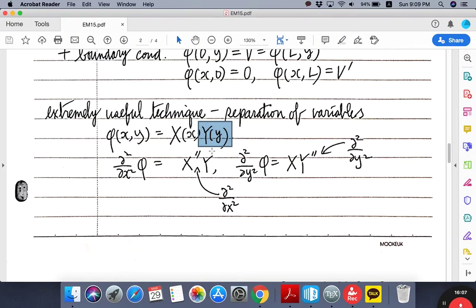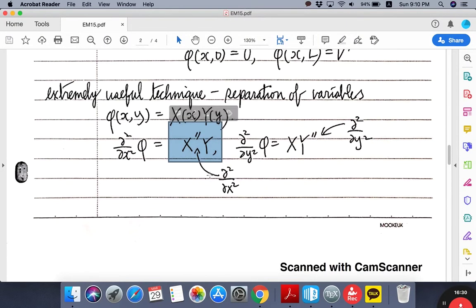Now, the implication of this Ansatz, which is a German word for guess or assumption, is as follows. According to this Ansatz, this second partial derivative on x turns into a second derivative on the x function multiplied by y, because y does not contain any x dependence.